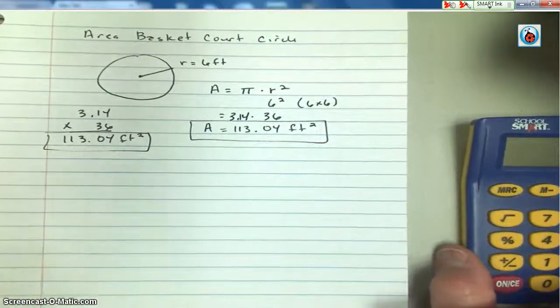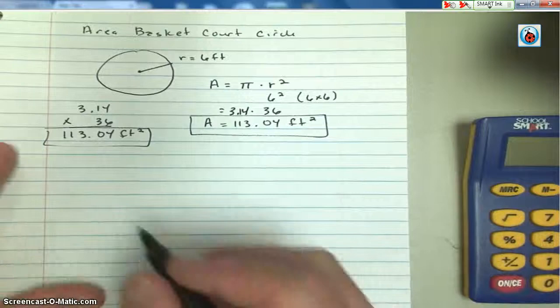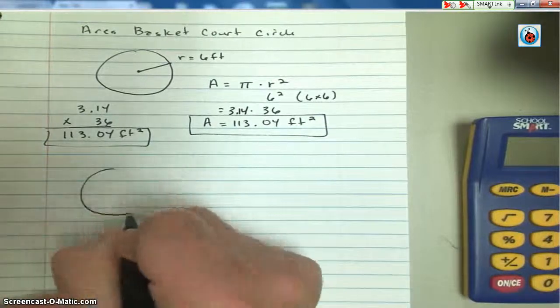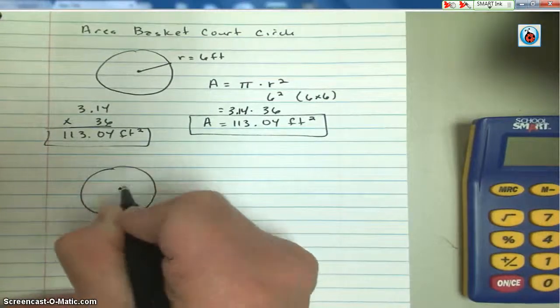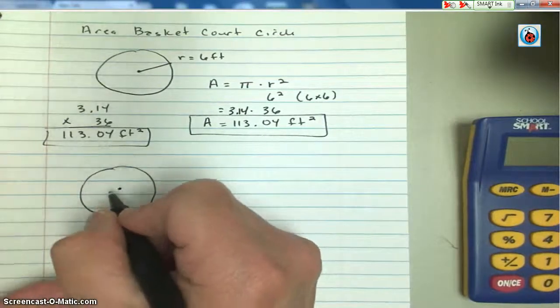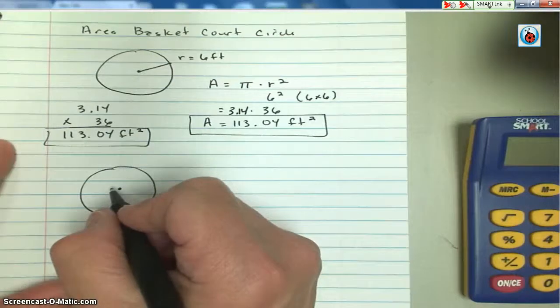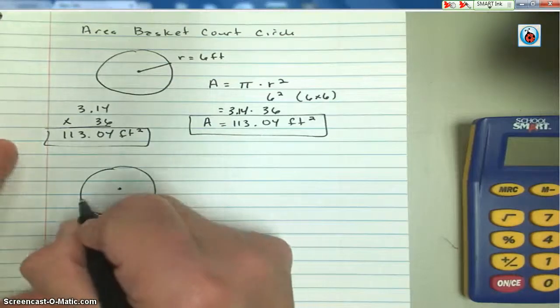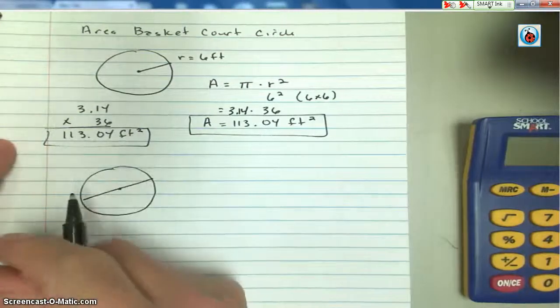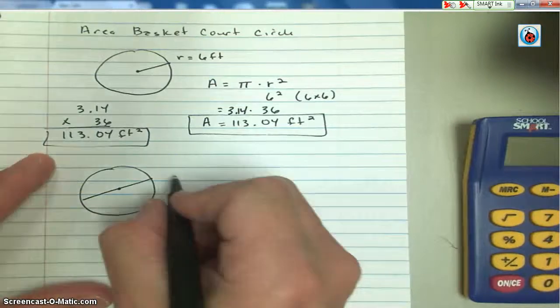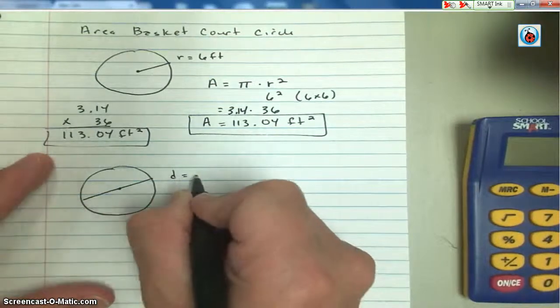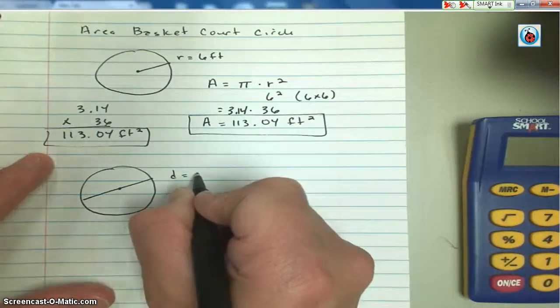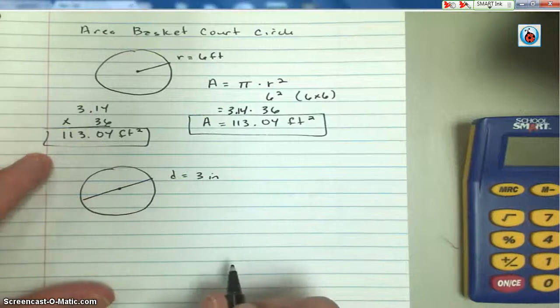Now let's move on to another example of a circle. Sometimes you'll be given the diameter. Let's say the diameter of this circle is equal to 3 inches.